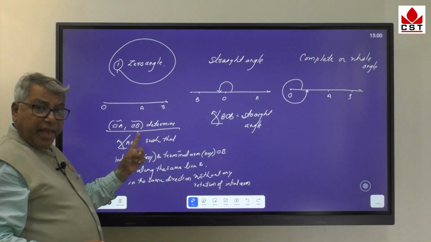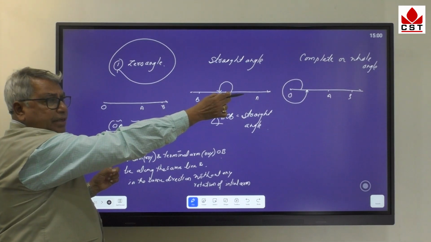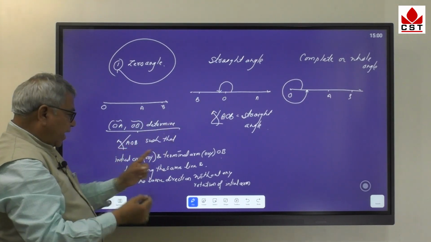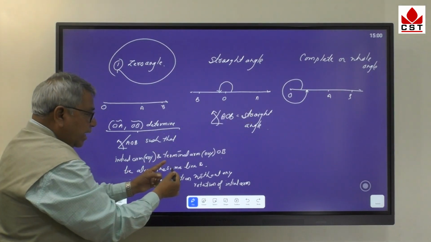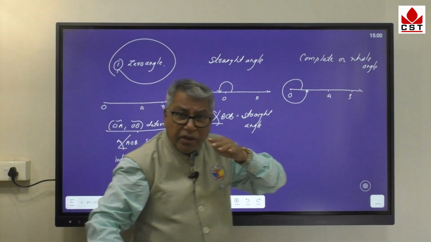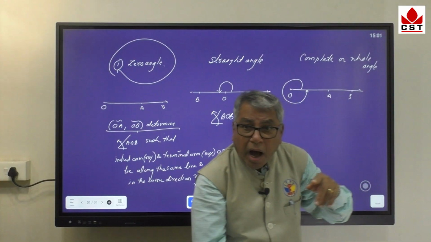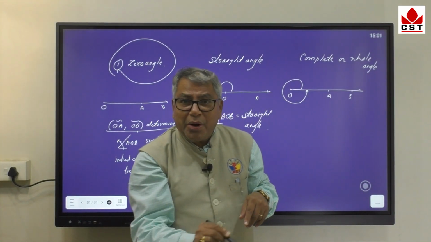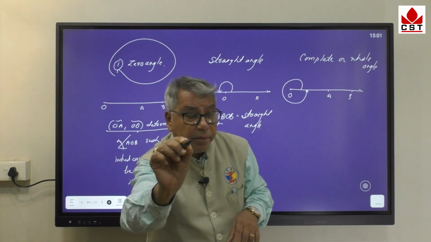Ray OA, ray OB determine directed angle AOB, such that initial arm ray OA and terminal arm ray OB lie along the same line and in the same direction after completing one rotation of ray OA about O. See that?